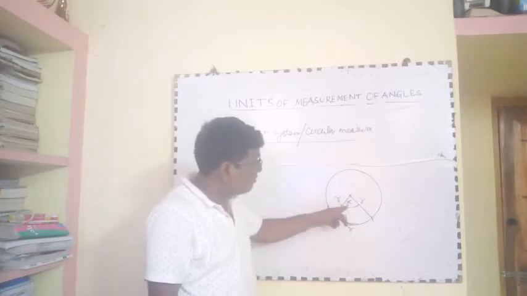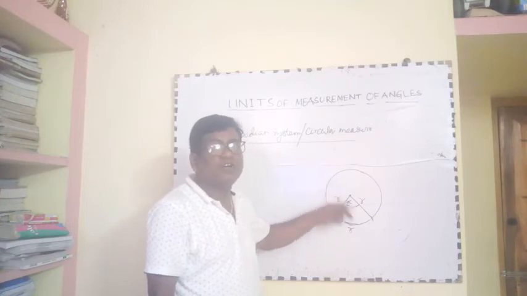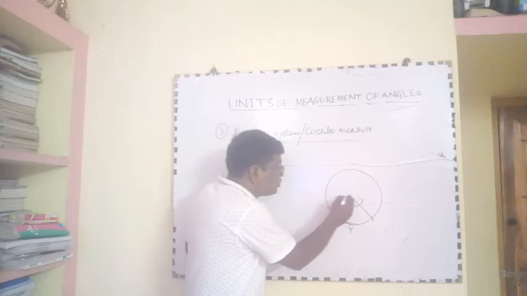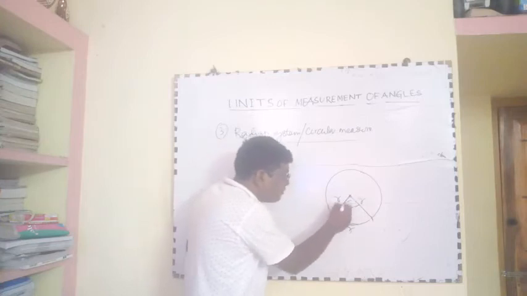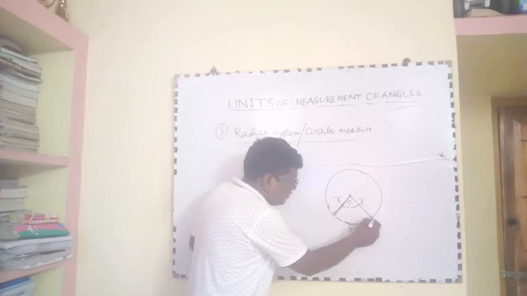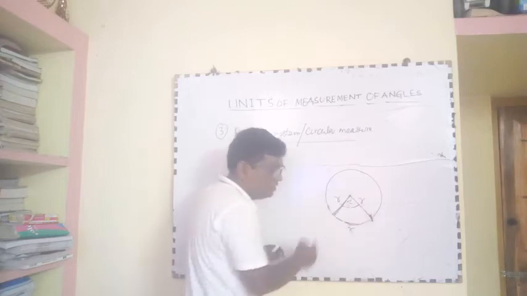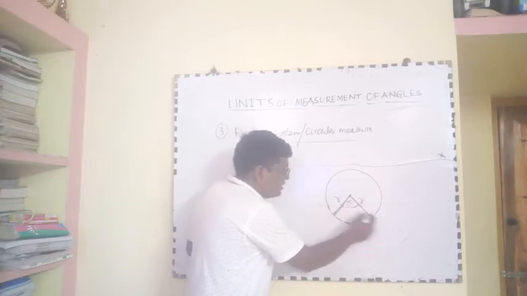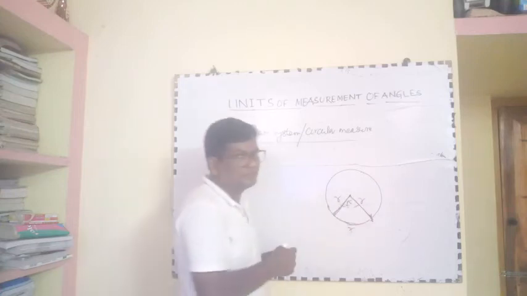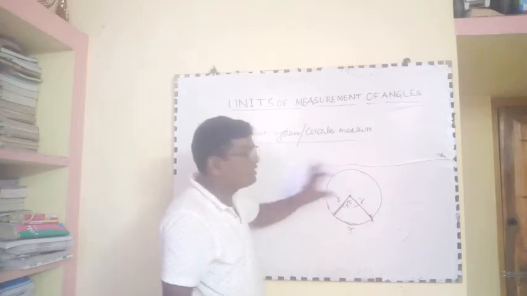Then the angle obtained at the center is called 1 radian.